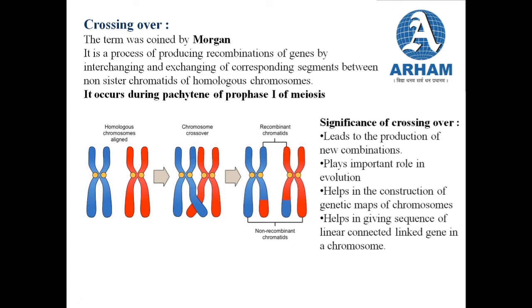We will not go into much detail, but let us just study what we mean by crossing over. The process produces new recombinations of genes, and it occurs in the Pachytene stage of prophase 1 of meiosis.